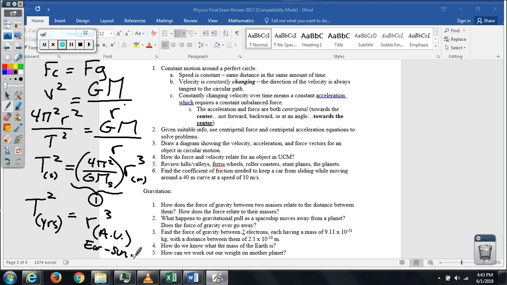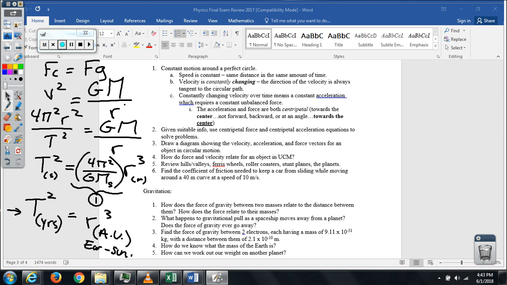So if you're told that the distance to a planet, like Pluto, is about 40 times the distance that we are from the Sun, then you can plug in that 40, cube it, take the square root of that, and you can find how many years it takes to go around the Sun. So you just have to be aware that you could use this simplified equation that doesn't incorporate all these crazy numbers, and get good answers as long as you use the right units. So just don't mix that up.